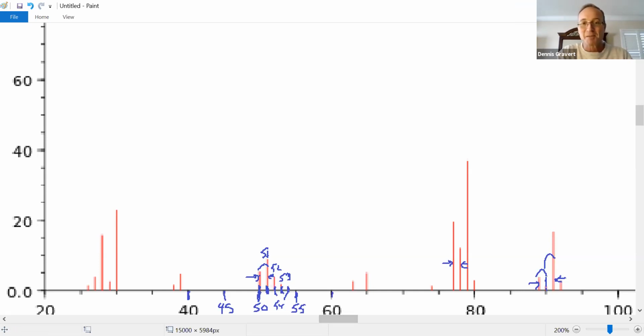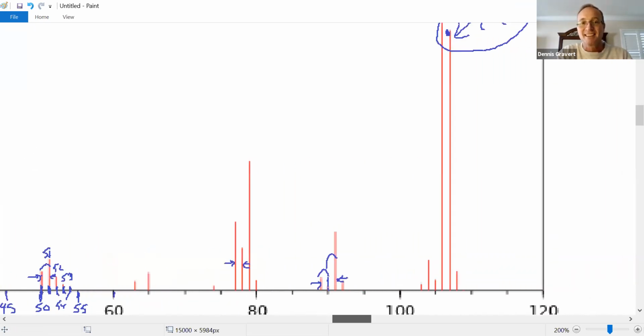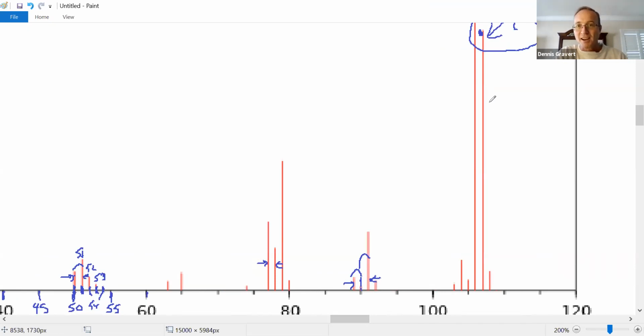Okay, now let's go look at that parent peak armed with this data. Ooh, I can keep it on the screen too. Okay, so this one I got labeled as parent, which is right here. So this distance to there is 1 mass unit. This distance to there is not. That looks like 2 mass units.